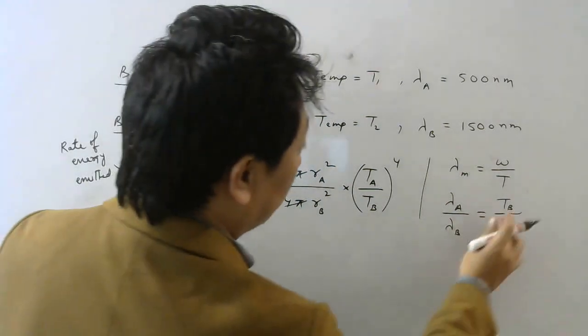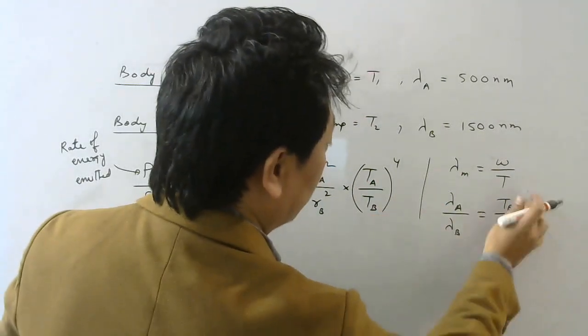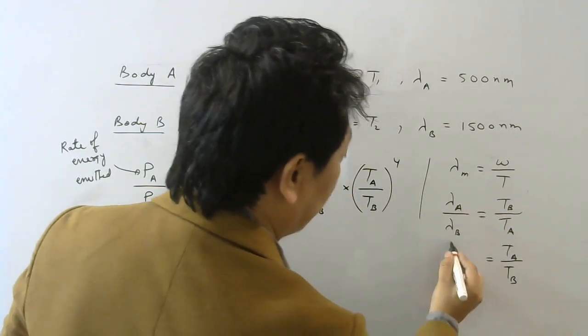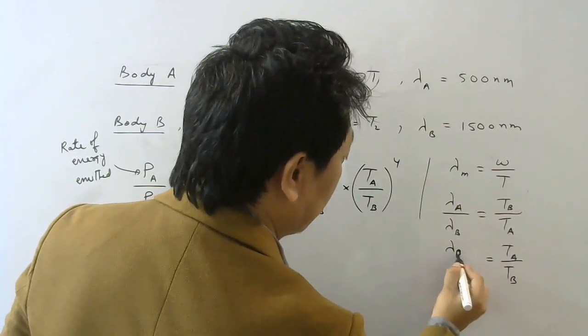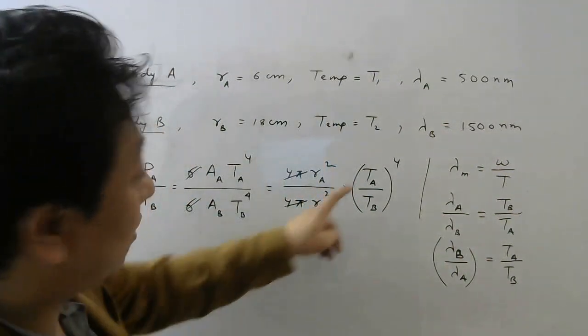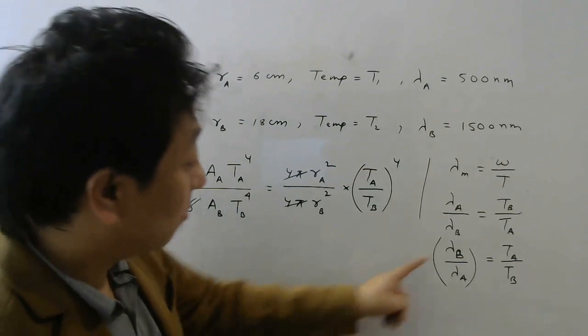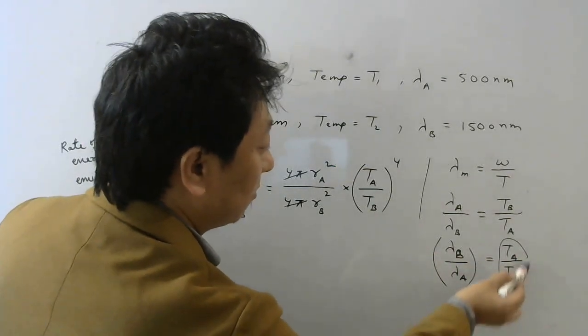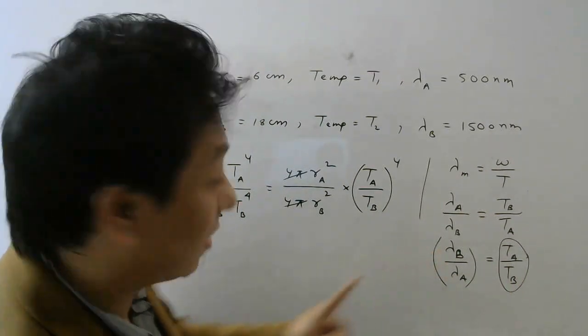So in place of TA by TB, if I take the reciprocal, TA by TB, I will get lambda B by lambda A, isn't it? Since the ratio of temperature they have not given, but wavelength they have given, let us substitute for TA by TB as lambda B by lambda A.